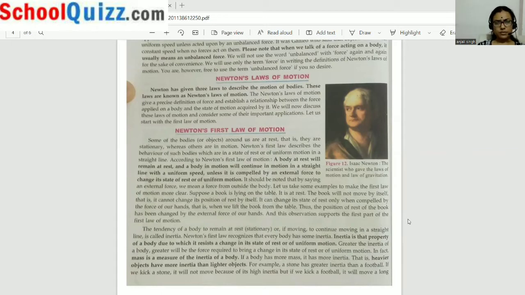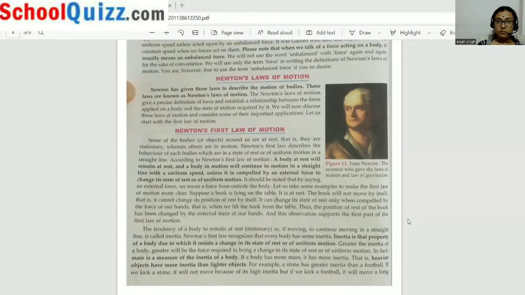If anybody is at rest, it will remain at rest. With an example like this pen, I keep it at rest, it will remain at rest. A cyclist started moving, so it will remain moving.